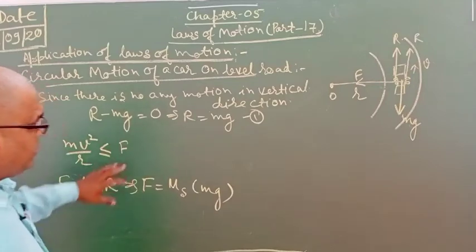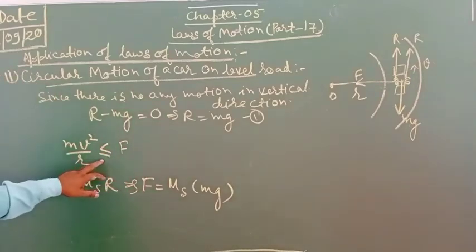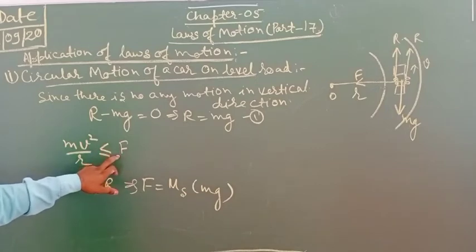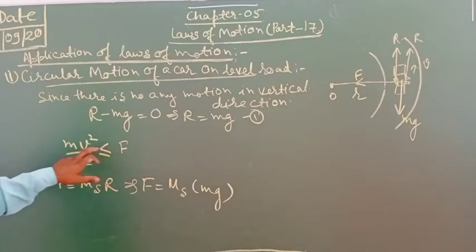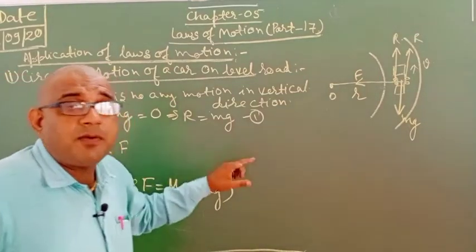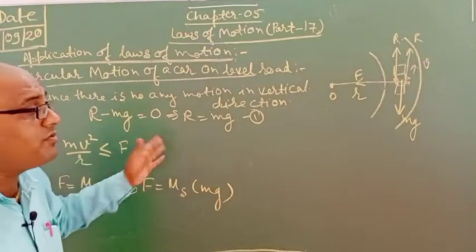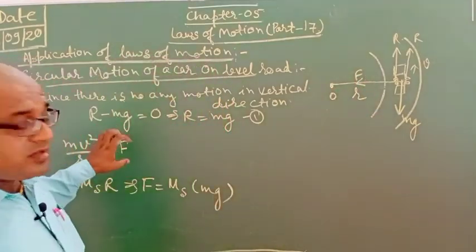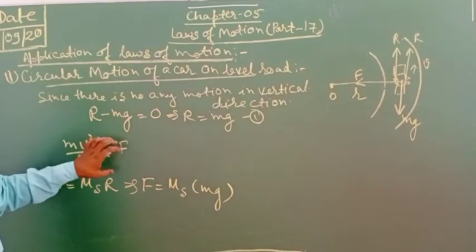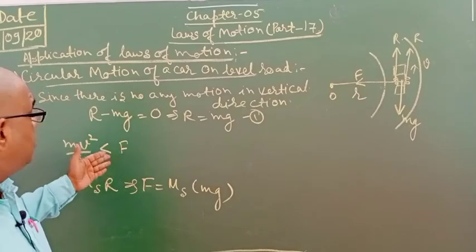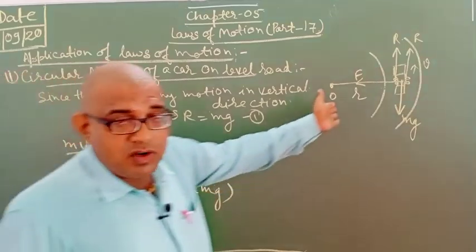Now understand the concept behind it. Suppose this frictional force is less than the centripetal force. This means the frictional force is not providing sufficient centripetal force for the car to take a turn. It is not providing that much force to maintain the circular path.